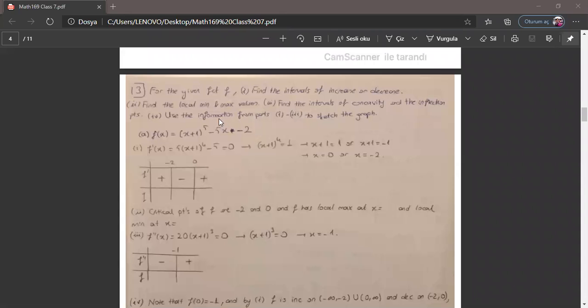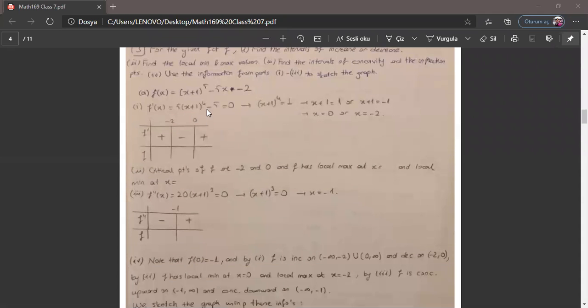Now we're given the function f of x with this formula. Actually we do the same things as in the previous question, but after doing these parts, we will sketch the graph of the function. So first, again, we find the derivative and equate it to zero to find the roots.